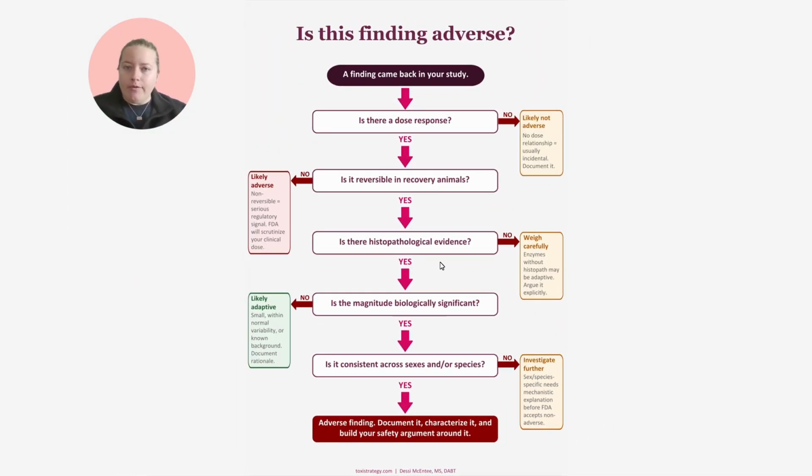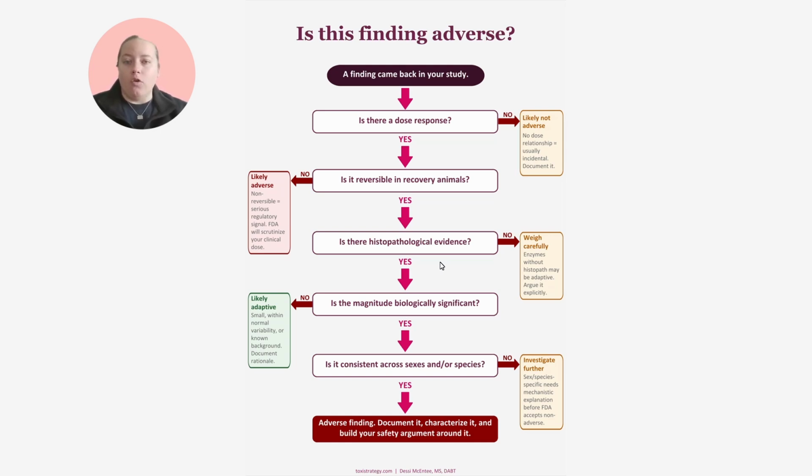And now, note here, even with this flow chart, if you have an adverse finding, that doesn't mean that your program is dead. That doesn't mean that your drug isn't going anywhere. That just means that you have to understand and justify, one, why is it adverse? Where is it becoming adverse? What exposures are driving it to be adverse? Is it Cmax driven? Is it species specific?